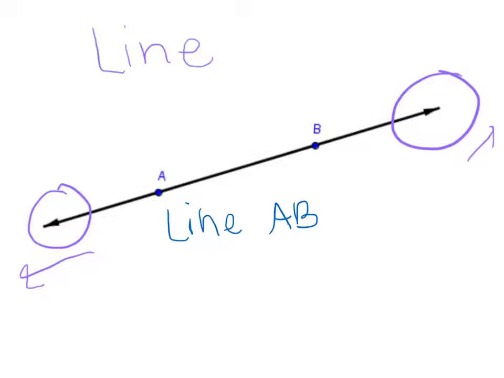So instead of writing out the word line, we're just going to write AB. And we're going to put a line over it. Notice that I have 2 arrows on my little line there. Okay, so because there's no beginning or no end, we could also reverse it. So it could also be called line BA. Again, notice the little arrows on the marking that I put above the BA. So this is how to name lines. It can go either way.